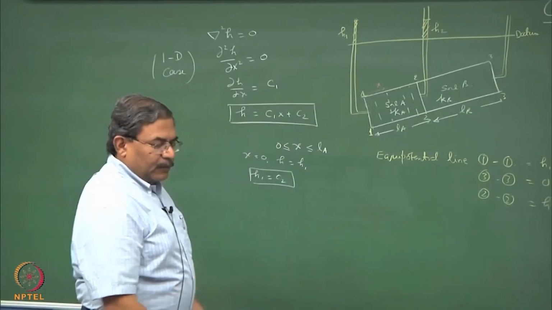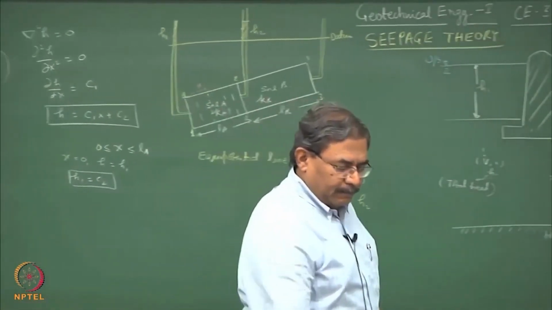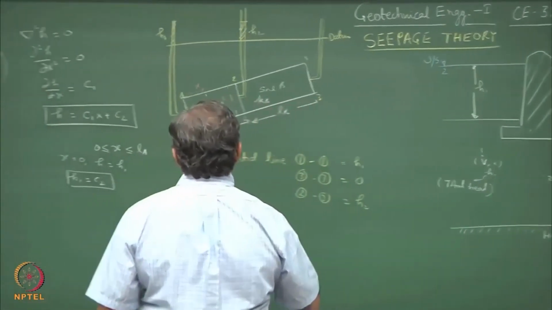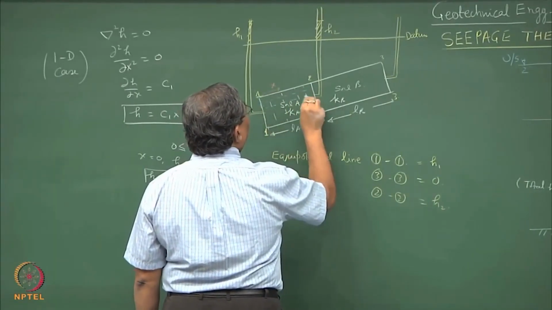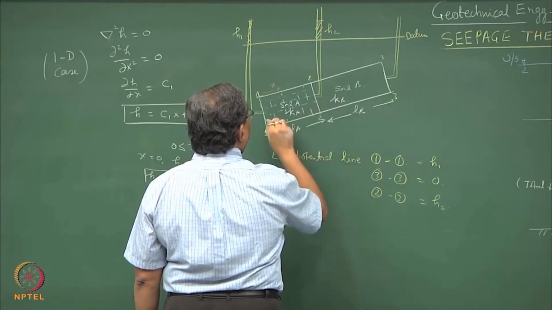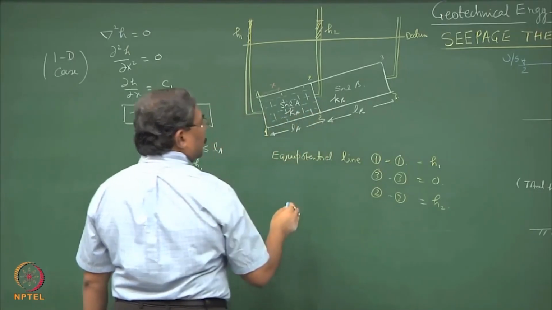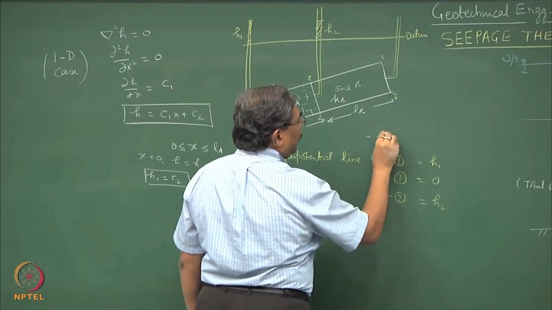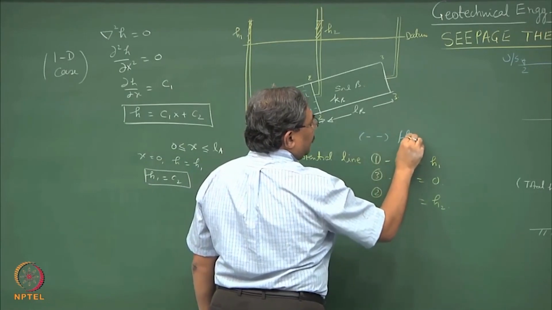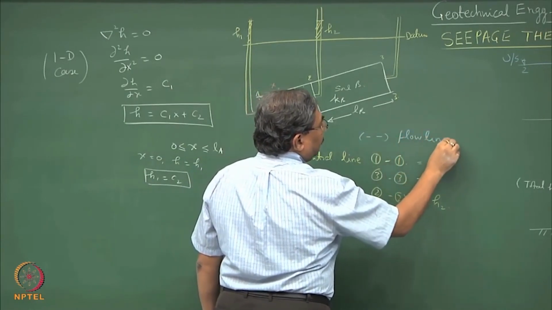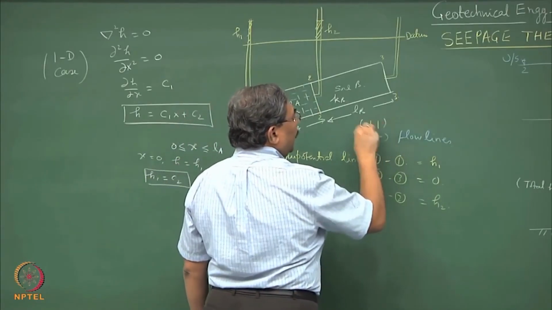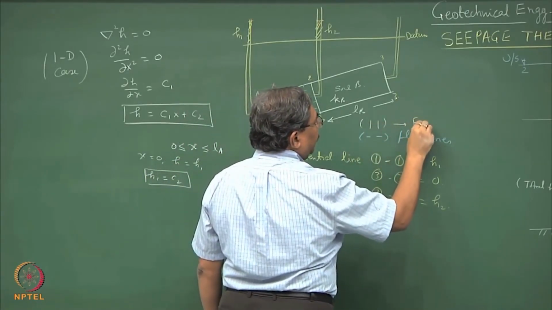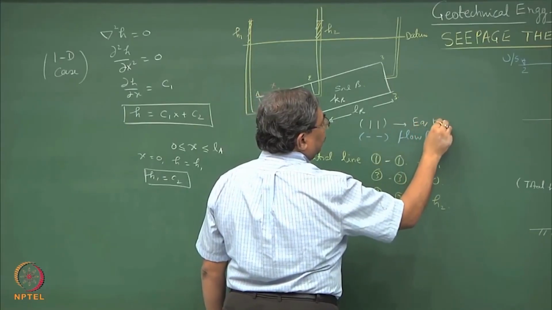The lines which cut them perpendicular to each other would be the flow lines. So, the blue ones are the flow lines and the white ones which I have drawn are the equipotential lines.